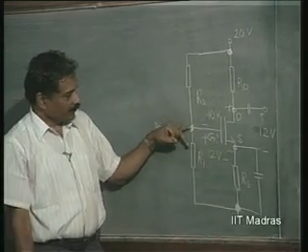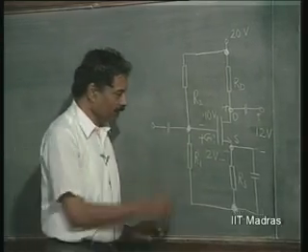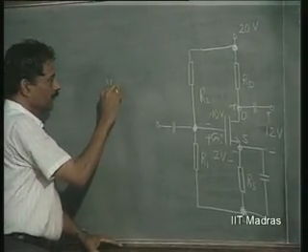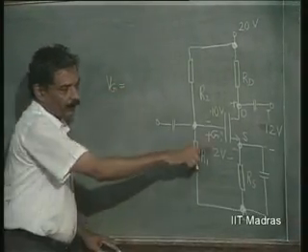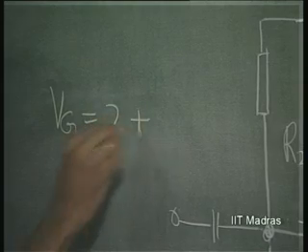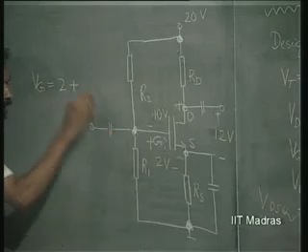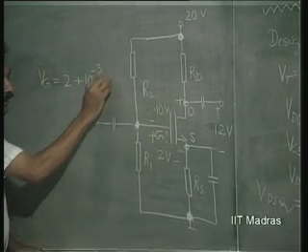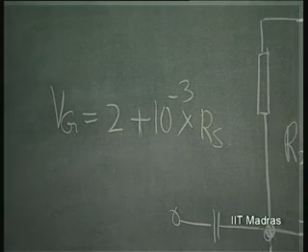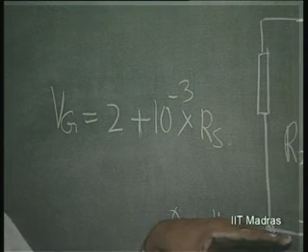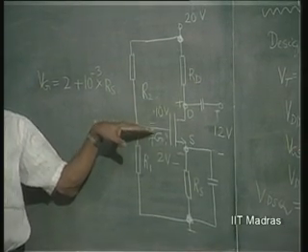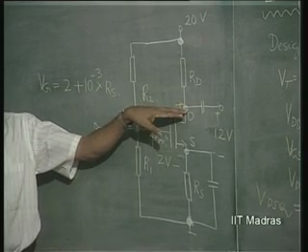Further, we have this Vg now. Vg equal to this 2 volts plus 1 milliampere into Rs. This is Vg. This is already given as 10 volts.